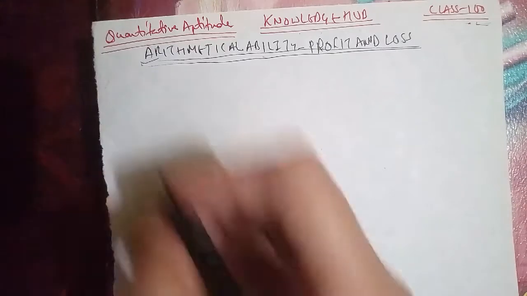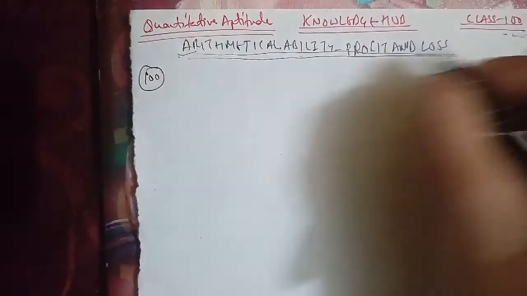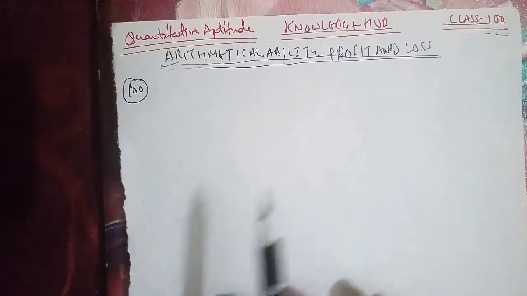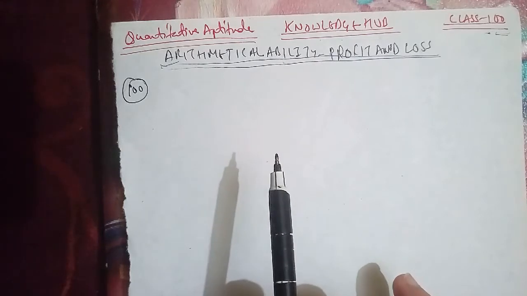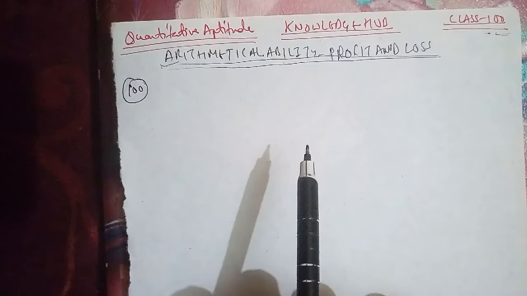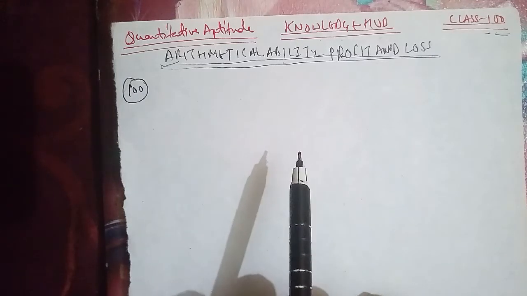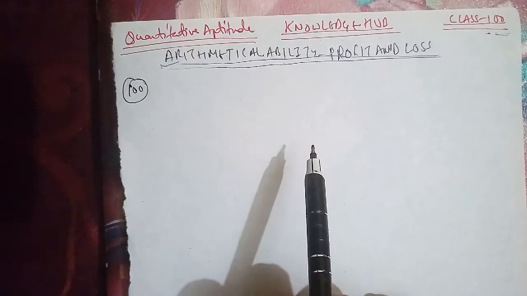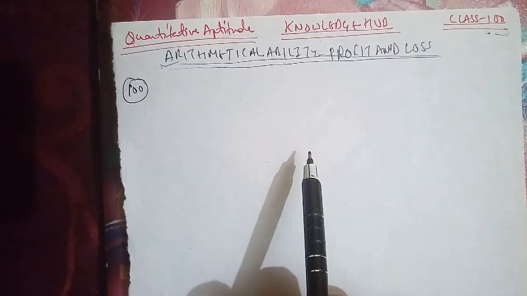So the 100th question of the session, we have the 100th class. We have started with the 100th question. The question is: the manufacturer of a certain item can sell all he can produce at the selling price of rupees 60 each. It costs him rupees 40 in material and labor to produce each item. He has overhead expenses of rupees 3000 per week in order to operate the plant.